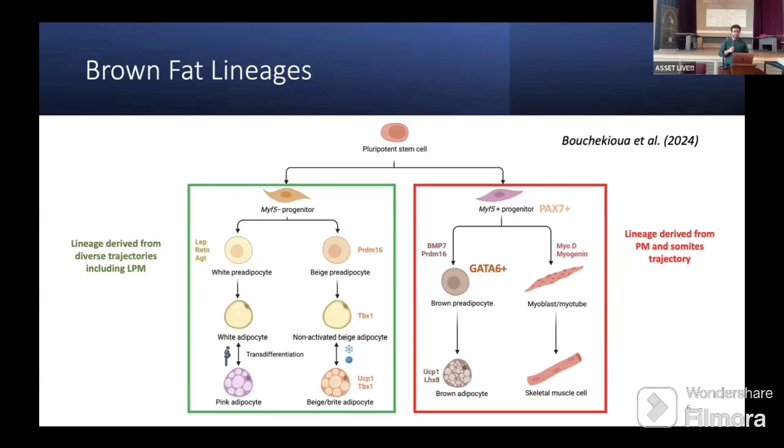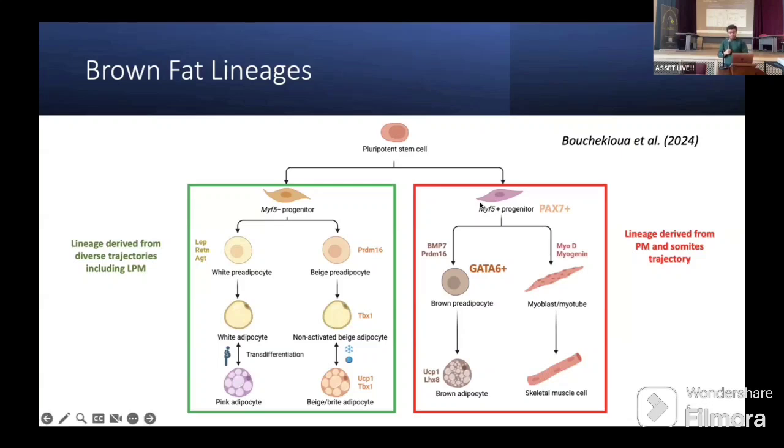The beige adipocyte is kind of a hybrid between the yellow and the brown adipocytes. It can switch from the phenotype of the white adipocytes just for storage, and under stimulation, it can express more UCP1 and have a brown fat phenotype.